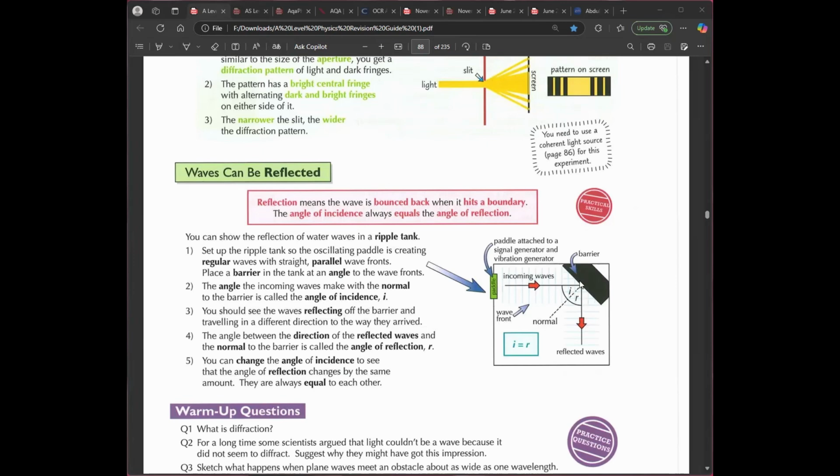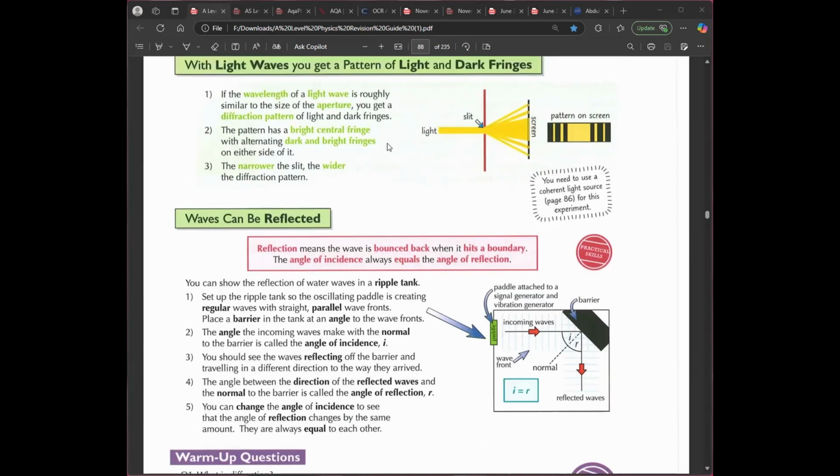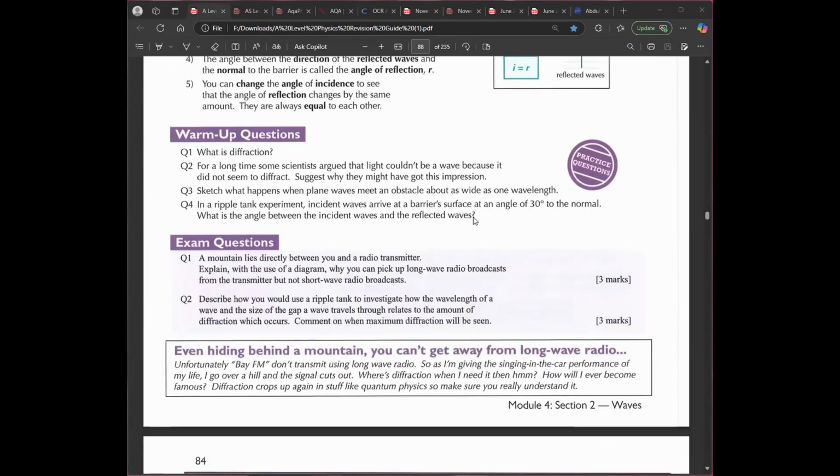The normal is just at 90 degrees to the surface of the mirror. All right. I hope it makes sense. There's nothing else here. You just need to know that these two angles are equal to each other in case of reflection. So reflection can also occur if there's a slit. If the slit size is smaller than the wavelength, then you'll see reflection, or if it's just a mirror or something that the light bounces from, then again it's reflection.